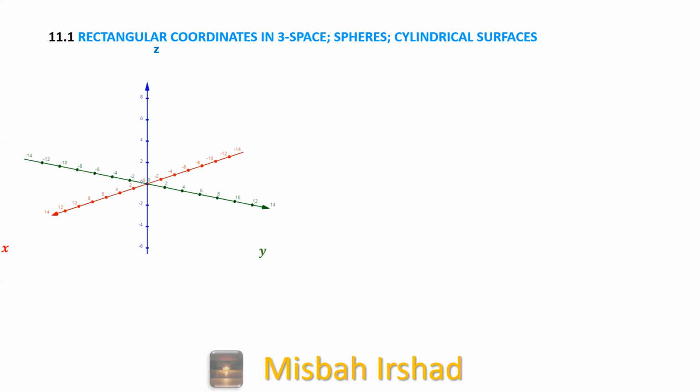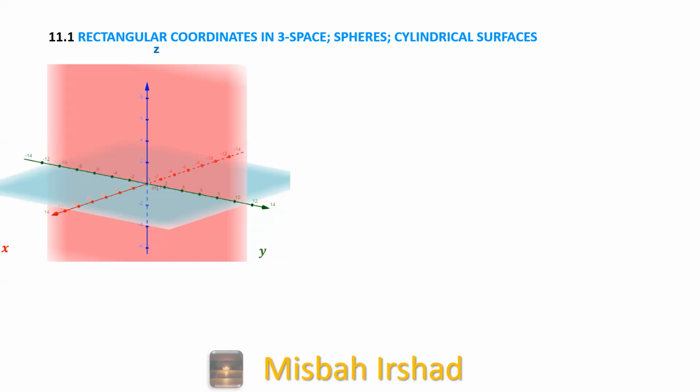As we just discussed, 3-space consists of 3 perpendicular axes, and it also consists of 3 perpendicular planes. This is the xy plane, and then we have the yz plane, and here we have the xz plane. These are 3 perpendicular planes which are called coordinate planes, and these axes are called coordinate axes.